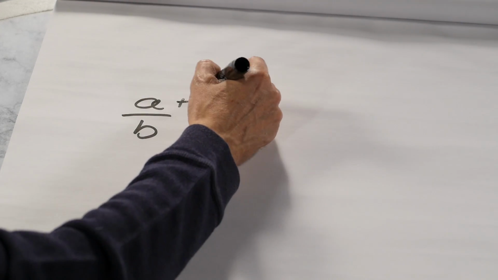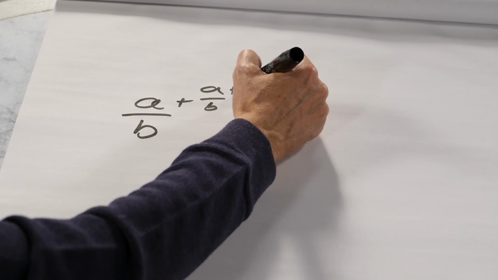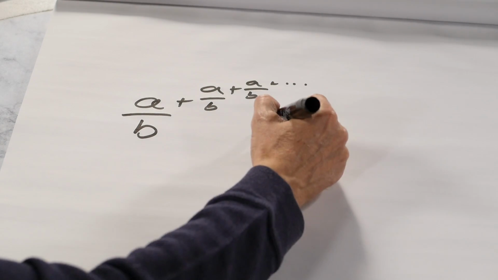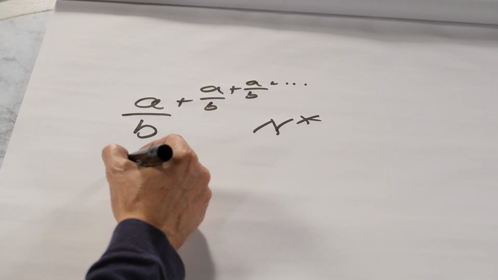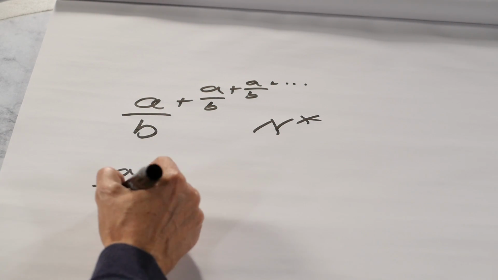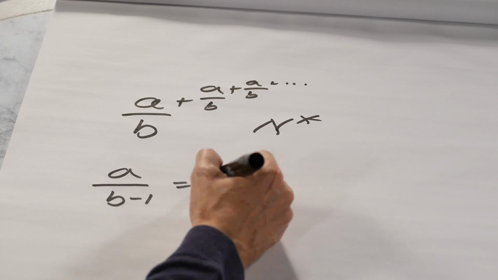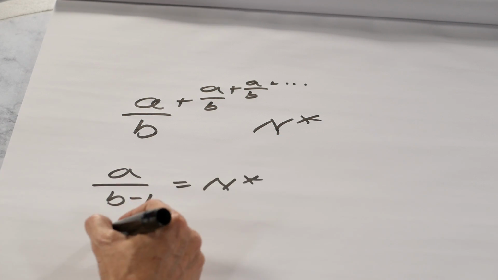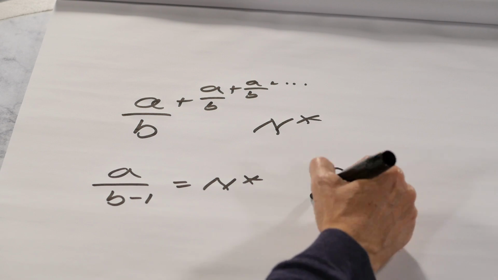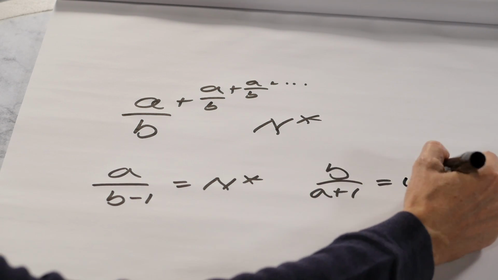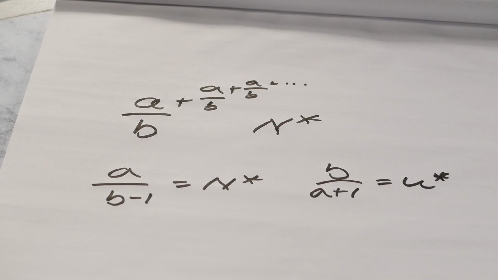And that is, so let's go A over B, right, plus A over B plus A over B, right? When we simplify this, what we end up with is that A over B minus 1 equals N star, and that B over A plus 1 equals U star. And you guys can go back to look at previous videos where I demonstrate this.